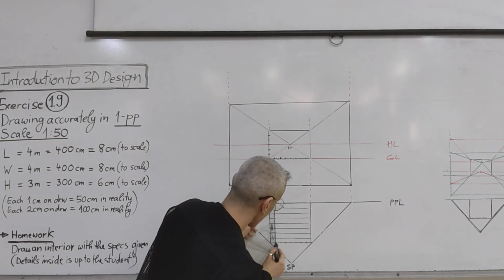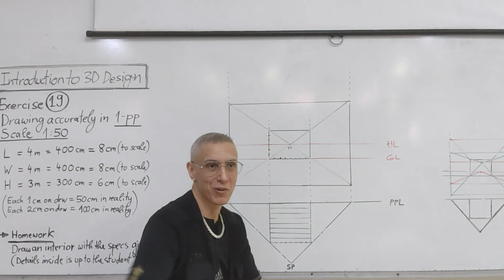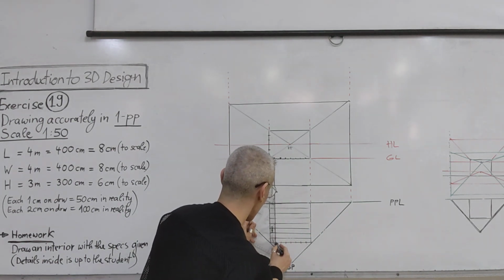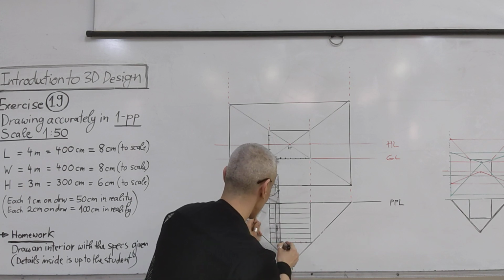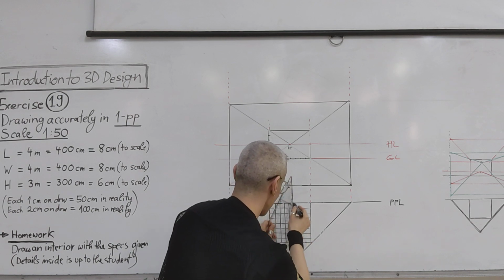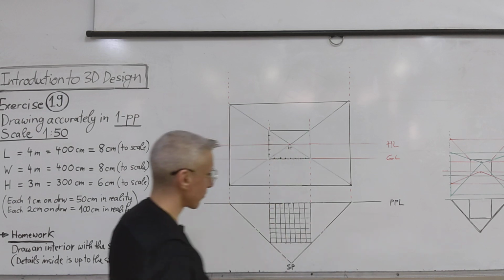And from here also, I can leave them like this, maybe I want long boards on the floor, but I will divide them into squares for now. Okay, so something like that.